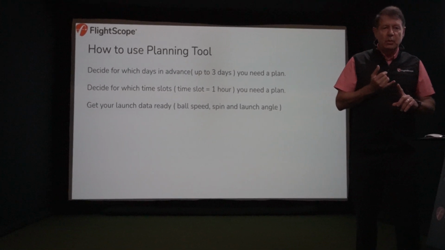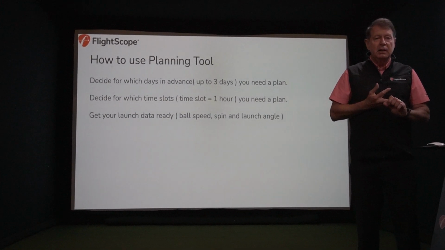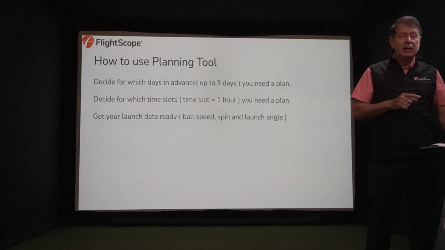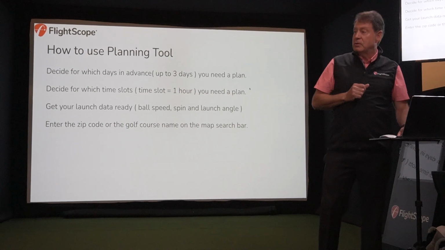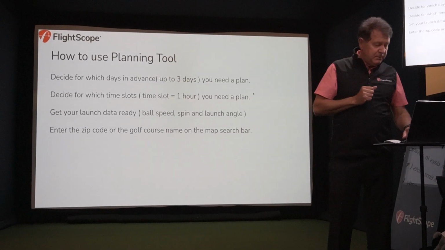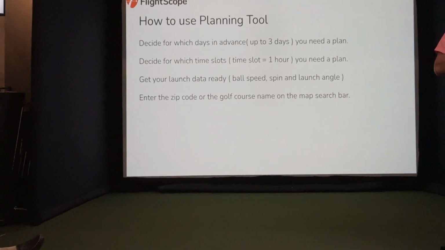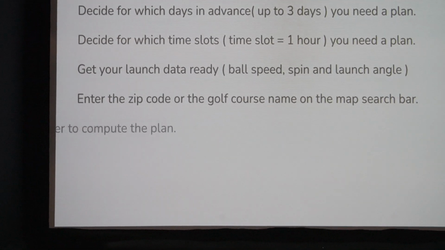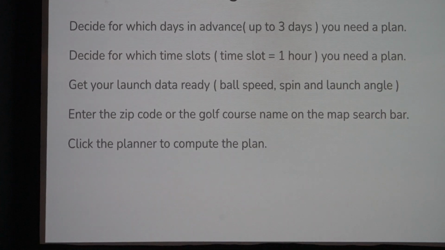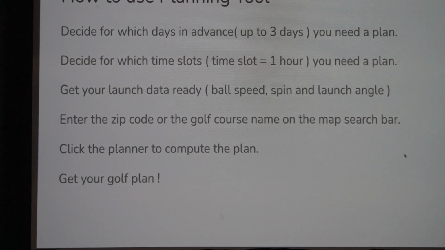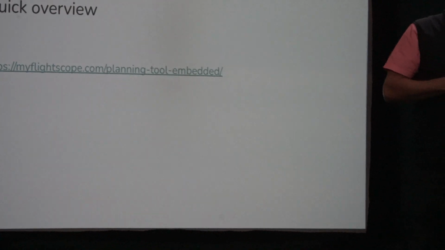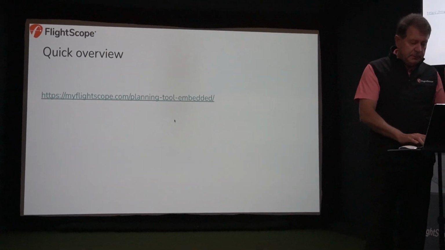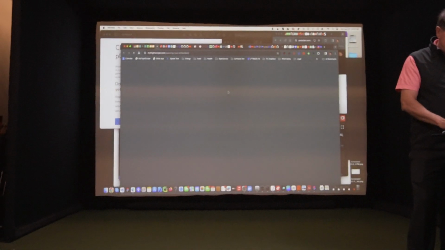If you guess your ball speed, spin and launch angle, you will be better off using the planning tool than not using it. You put your golf course name in or the zip code, and then the planning tool will compute the plan. So let's go and see if this works. Fingers crossed.